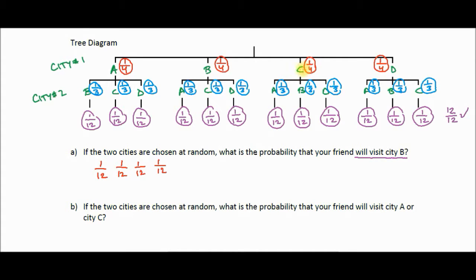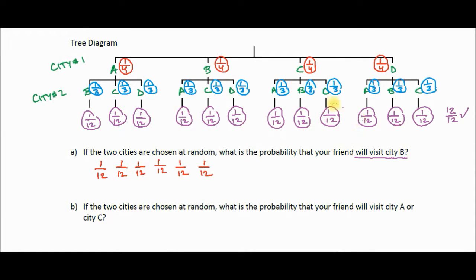Okay, let's take a look at the third branch here. CA, no good. CB, that one's good. CD, no good. And then DA, no good. DB, that one's good. And DC, no good. So we'll add these up.